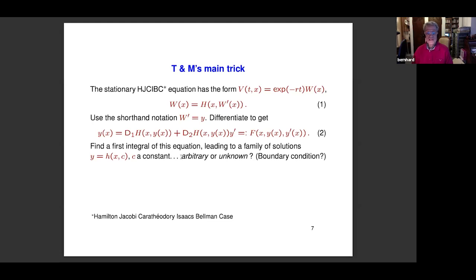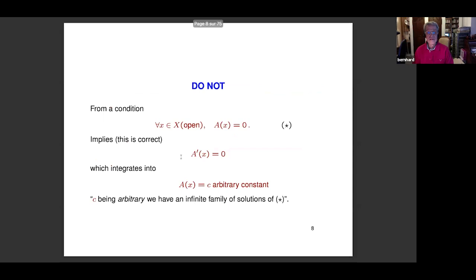Now the question is: is this constant arbitrary or unknown? Just as a reminder, assume you have a condition, something like a of x equals 0 for all x in an open set. Then clearly this implies that a prime of x equals 0. But this is only a necessary condition.